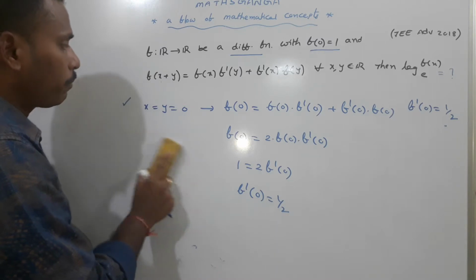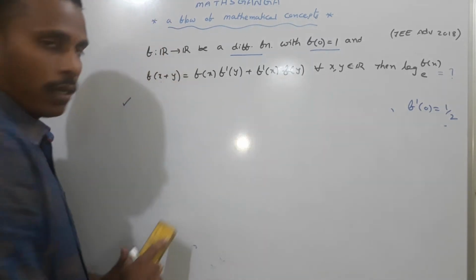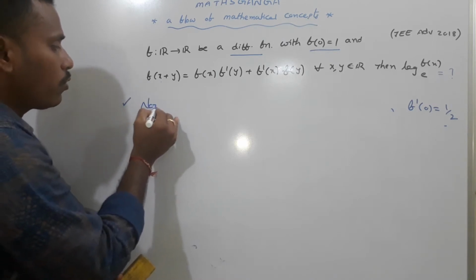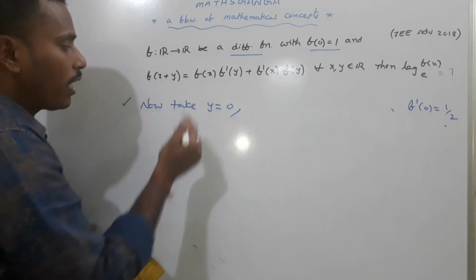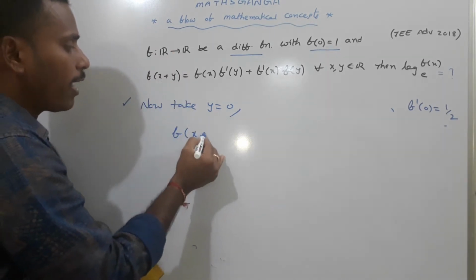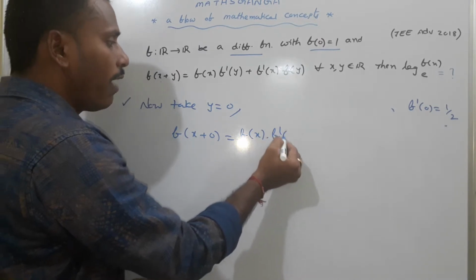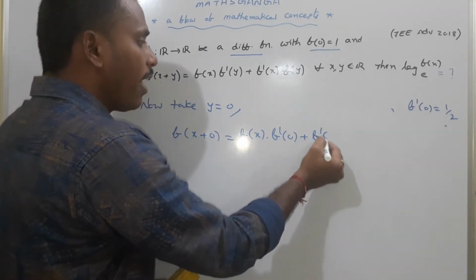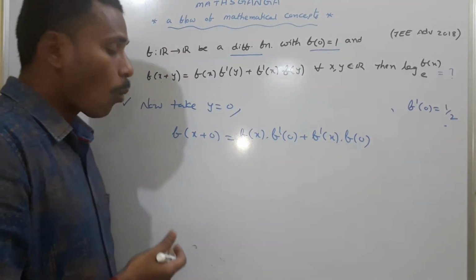Now do one thing. Take only 0 in the place of y. Now take y equals 0. If you take only 0 in the place of y, the given functional relation will become f of x plus 0 is equal to f of x into f dash of 0 plus f dash of x into f of 0, by replacing y with 0.